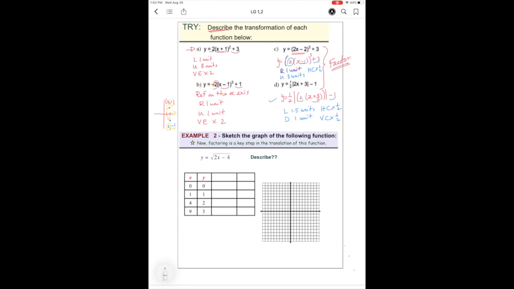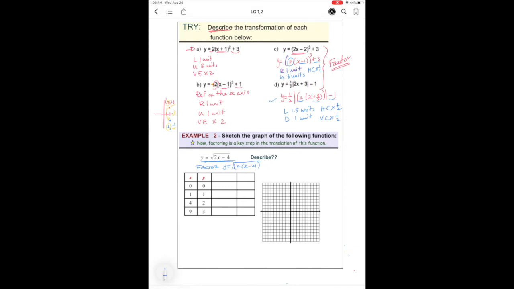All right, so down below here, we have a very similar one. We want to sketch this guy, but again, to sketch it, you've got to factor. So let's go y equals, 2 comes out, so it's x minus 2 in brackets. Okay, you can put a bracket there and a bracket there.